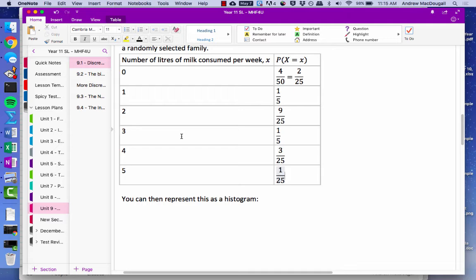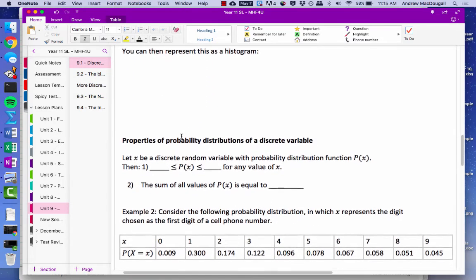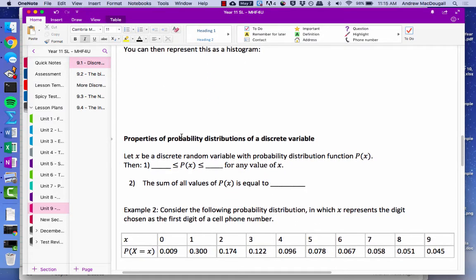It's hard to draw on this tablet. And let's think of some properties of, that should be big X's. Okay, so let's read this.